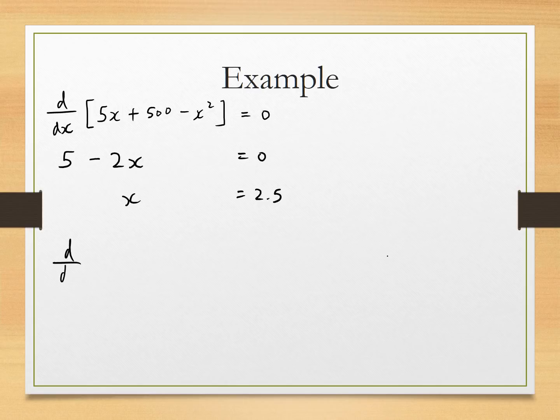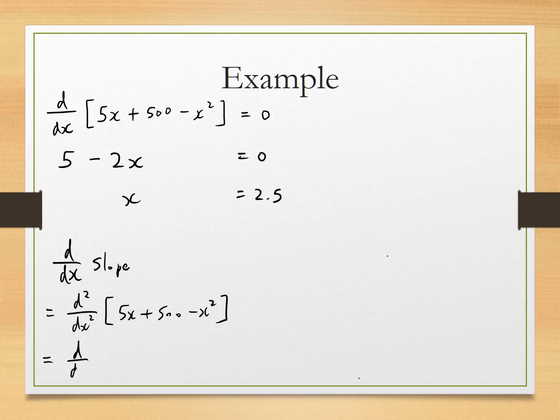So now you have to take the derivative of the slope. That's the second derivative. That's the second derivative of our utility function, 5x plus 500 minus x squared, which is also equal to the derivative of 5 minus 2x.